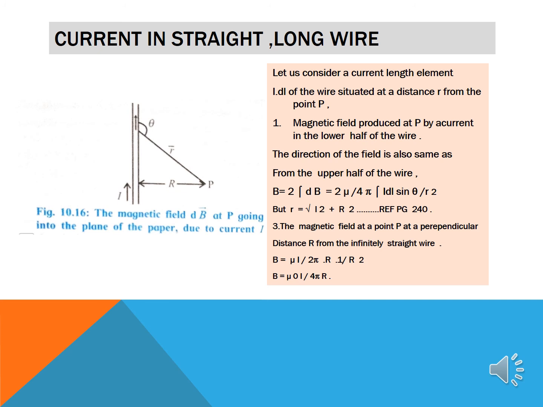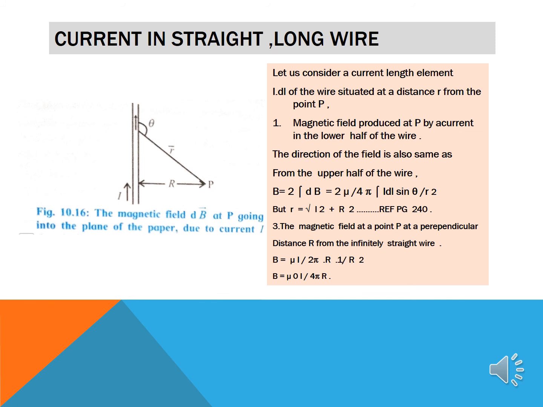Refer to the derivation given on page 240 of your textbook, which clearly states that the magnetic field at a point P at a perpendicular distance r from the infinitely straight wire is given by the formula capital B is equal to mu I upon 2 pi multiplied by r multiplied by 1 upon r square, which in turn could be stated as capital B is equal to mu naught multiplied by the current I divided by 4 pi r.